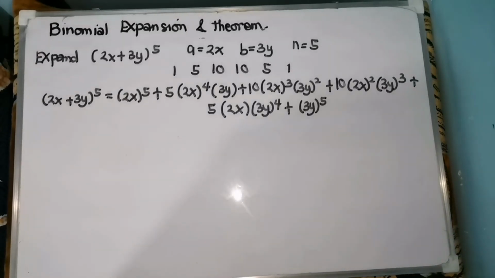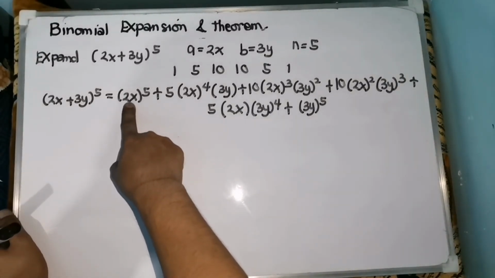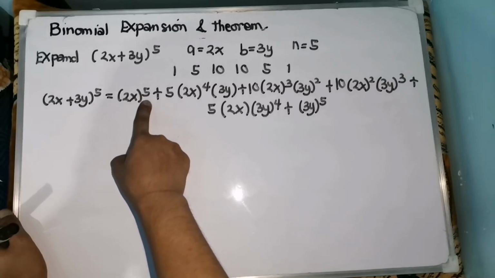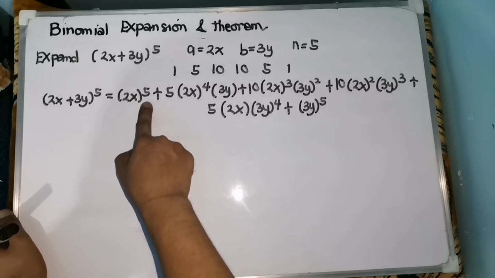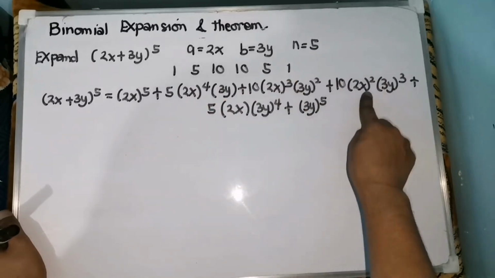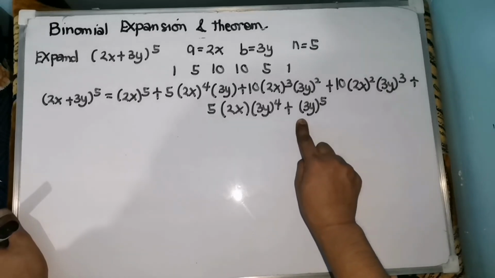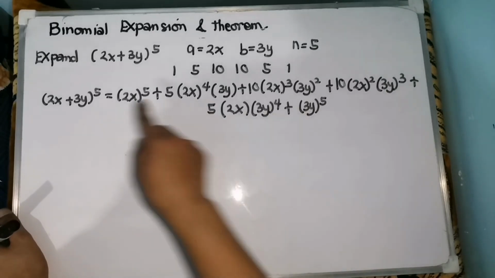So again, let's review. Our first term is 2x. We start here with n equal to 5. So, 2x to the 5th, and then 2x to the 4th, 2x cubed, 2x squared, 2x, and then 0. And then for the second term, 3y.